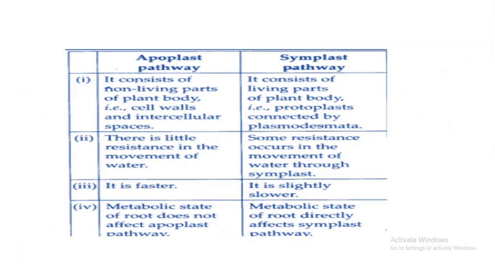When we see the difference between apoplast pathway and symplast pathway, there are distinct points. First, the apoplast pathway consists of non-living parts of the plant body, that is cell walls and intercellular spaces, while the symplast pathway consists of living parts of the plant body, that is protoplasts connected by plasmodesmata.